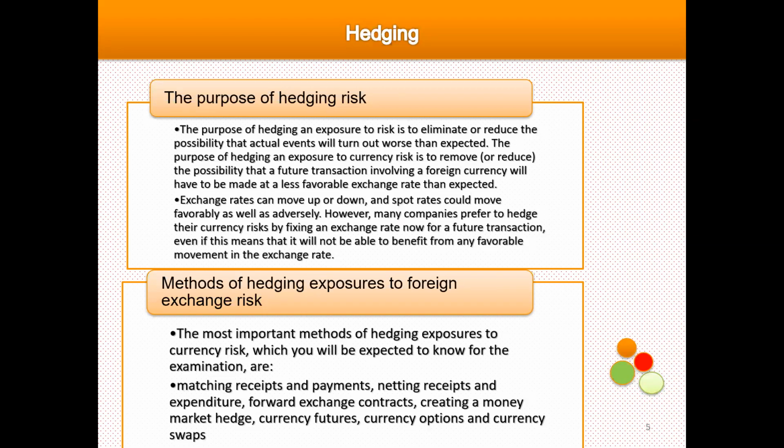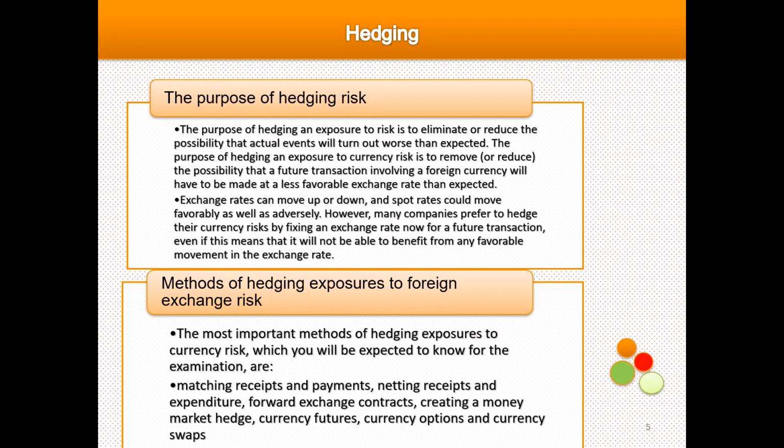There are several ways that companies can decide to hedge. So they might hedge by fixing an exchange rate now. So if they enter into a contract with someone and are supposed to make a payment in 3 months' time, you can fix the exchange rate now and say, you know what? I'm a Ghanaian businessman.